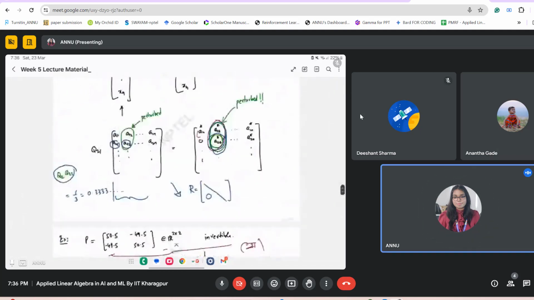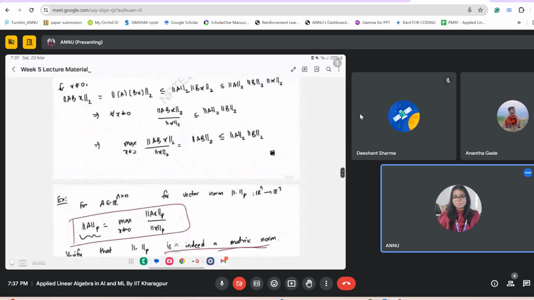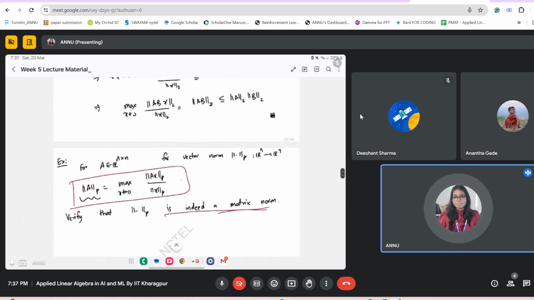See, for any p norm we can calculate its max of ||Ax||.